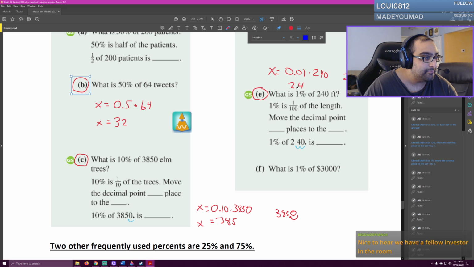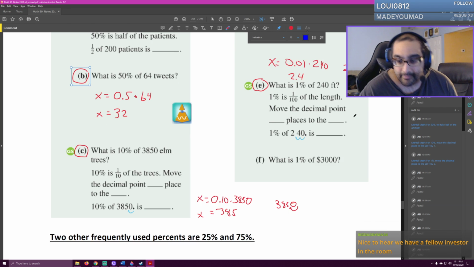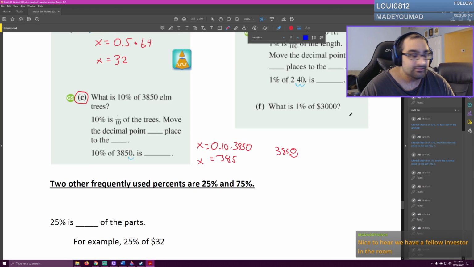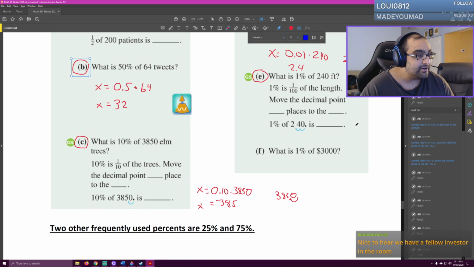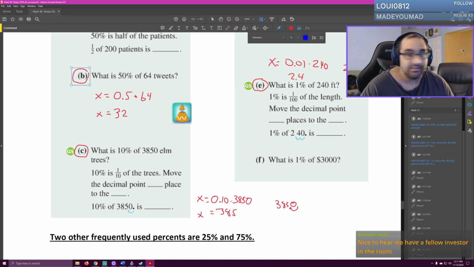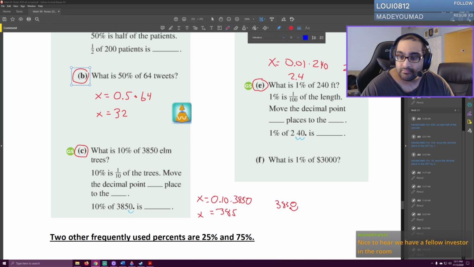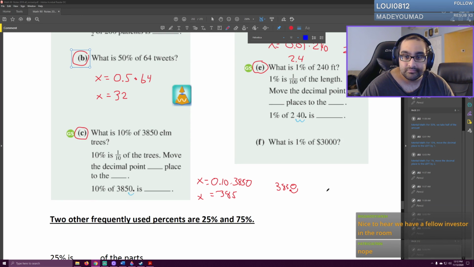That's spot on. All right, very nice. Any questions about these three examples so far? Nope. All right.